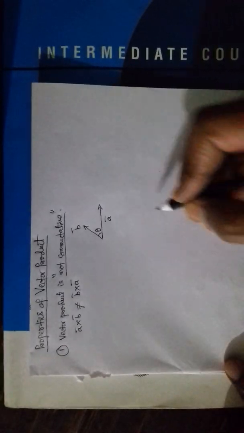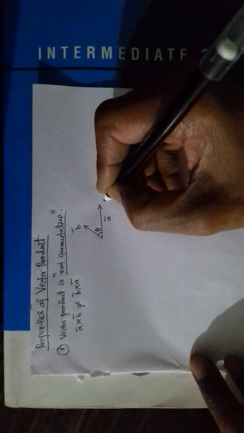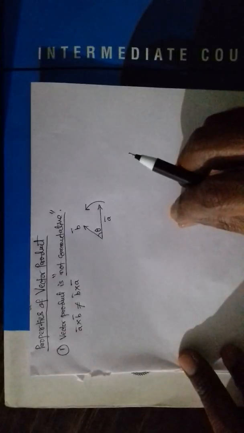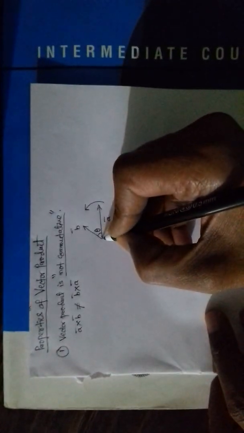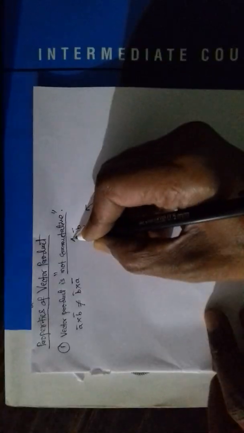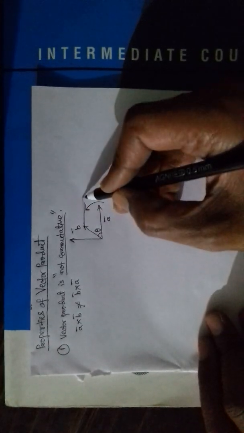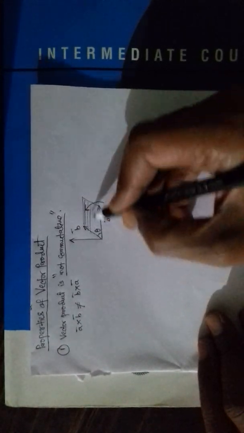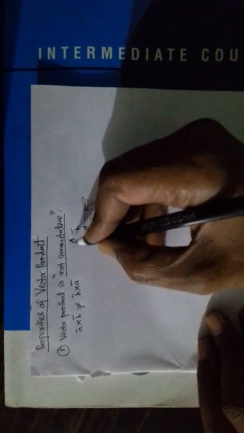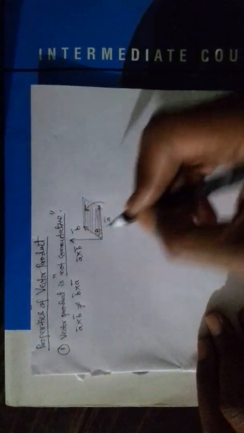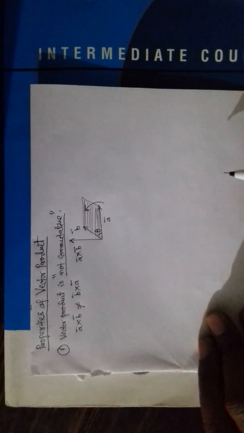Now A cross B: the screw is moved anti-clockwise, which means the screw will move up. So perpendicular to this plane, the cross product of these two will be in this direction.